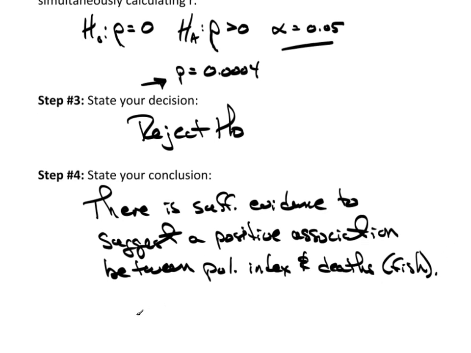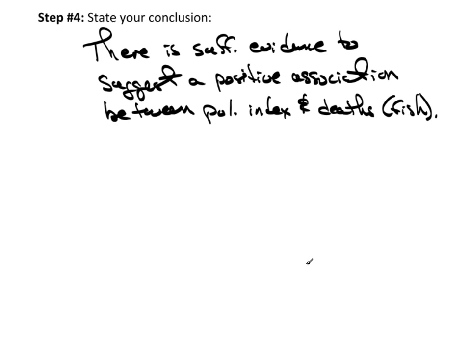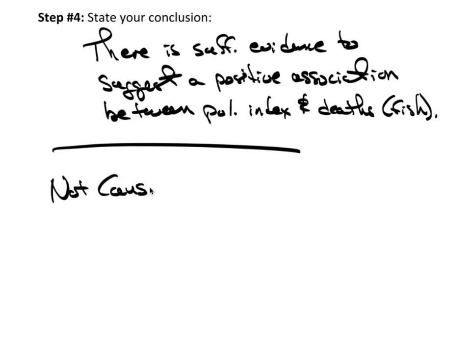So what we're seeing is that as the pollution index increases, so does the number of deaths. Now, this is not the same as causation. We cannot make the causal leap.